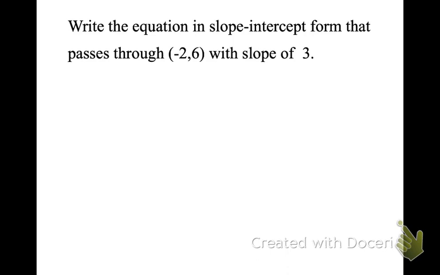So I've got y minus y1 equals m times x minus x1. Okay? So what would I substitute in? Finnegan? Y minus 6 equals 3 times the quantity of x minus -2.